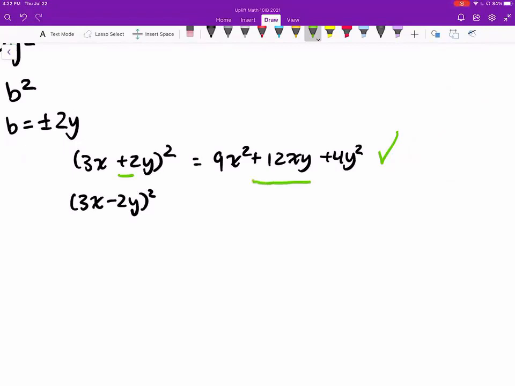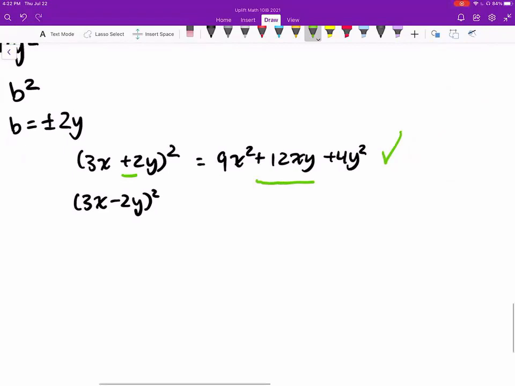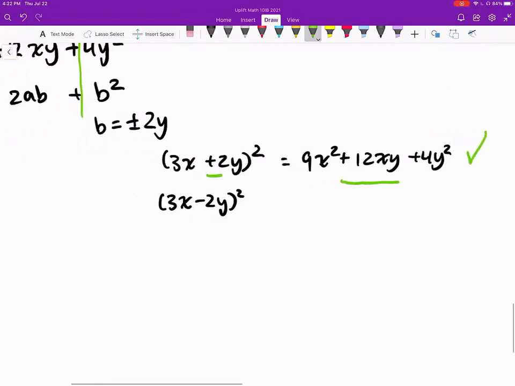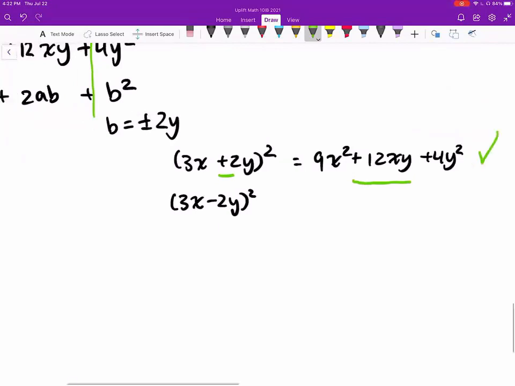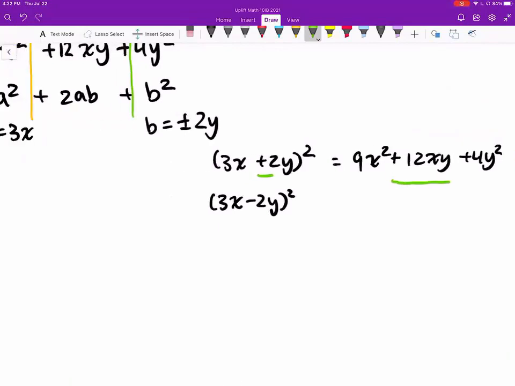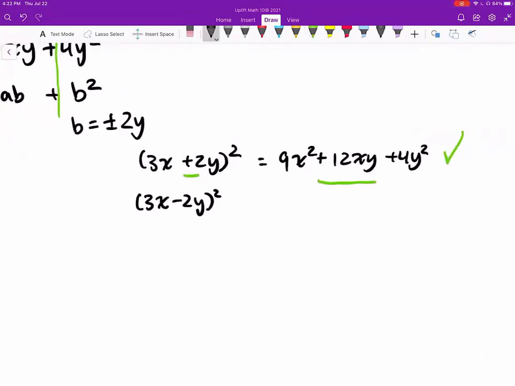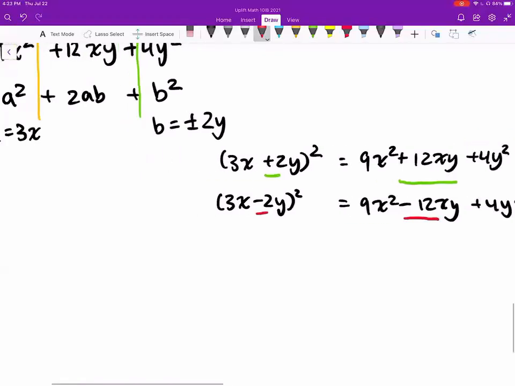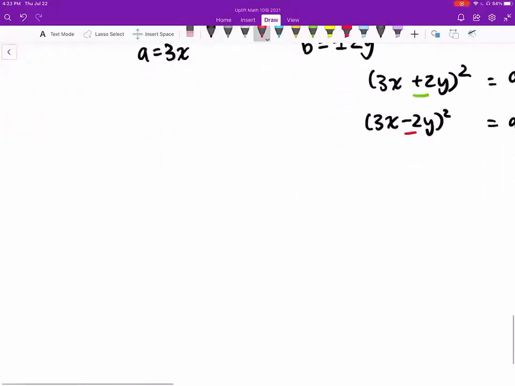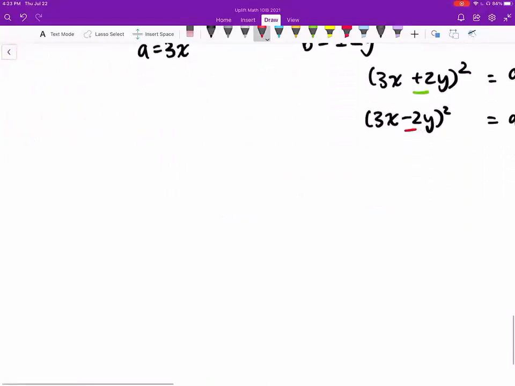Is that what you're trying to say? Yeah, I think that's correct. It says it in the notes here: 9x squared minus 12xy. And if this is a negative sign, then the middle term is also negative. So I guess that's one way to skip the trial and error.